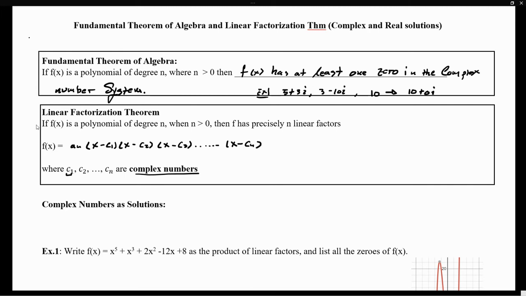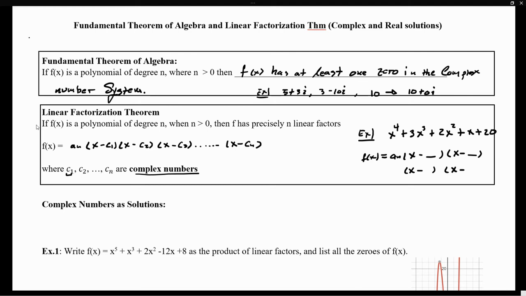What this is saying is, let's give an example. Let's assume that we have a function x to the fourth plus 3x to the third plus 2x to the second plus x plus 20. What this is saying is that I can rewrite this function as some coefficient times x minus c1 and so on, because I know that this must have 4 solutions.